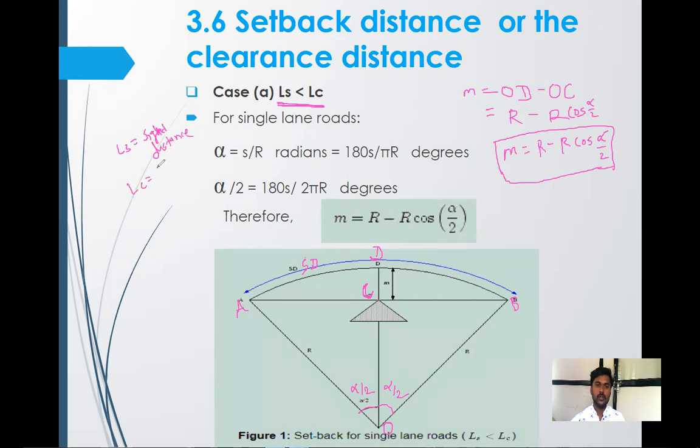When the length of side distance is less than the length of curve, this is the first case. This is the formula for calculating the setback distance.